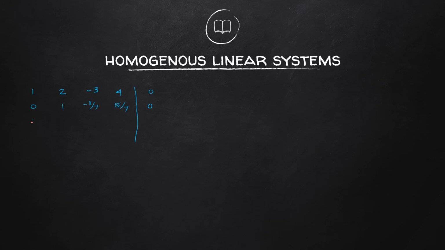This would be 0, 0, 1, 12, 0, and 0, 0, 0, 0, and 0. So this is already in its row echelon form.